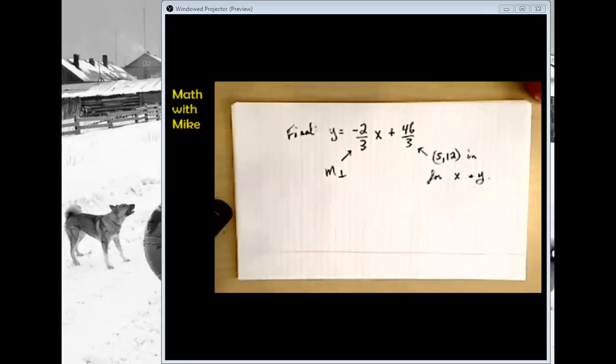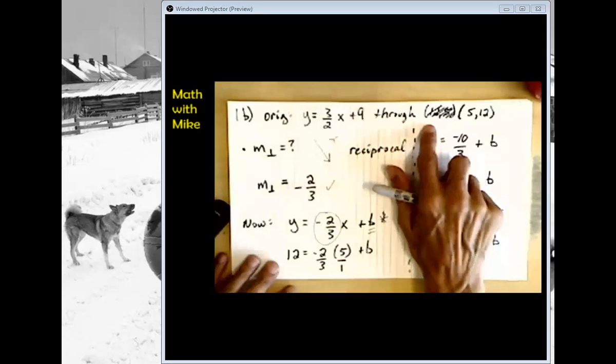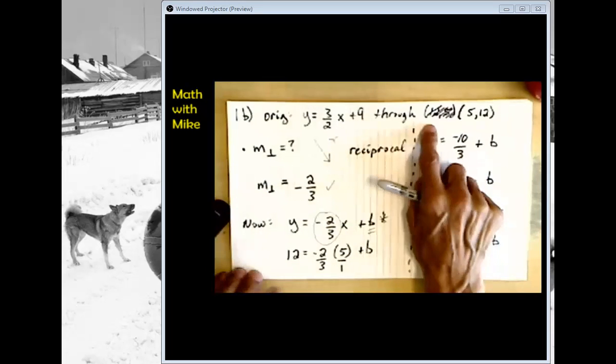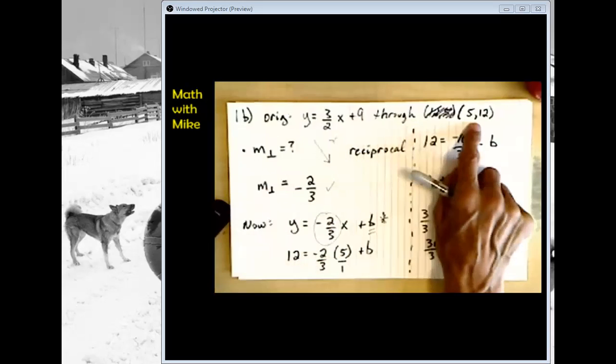Oh, no. Here's the thing. Mark pointed out I was going backwards. I erased it. 12 was x, which means this should have been 12 down here. So it is exactly the wrong spots. To save all the work, change the question.